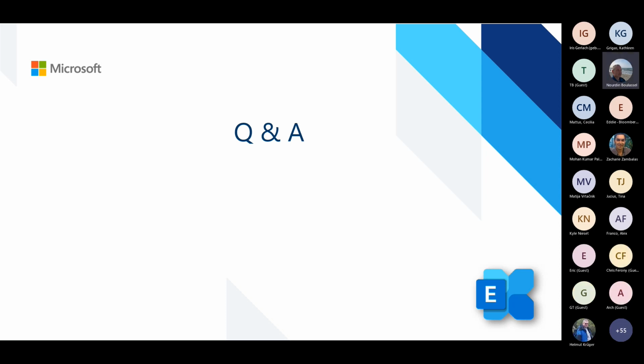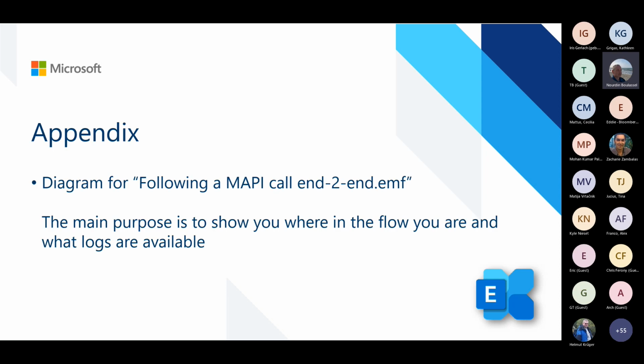I hope this content will then be shared. And what I'm going to share with you is a simple diagram that goes for such a MAPI call from the client through the front end side, the back ends, and what data to look for, and where it is.